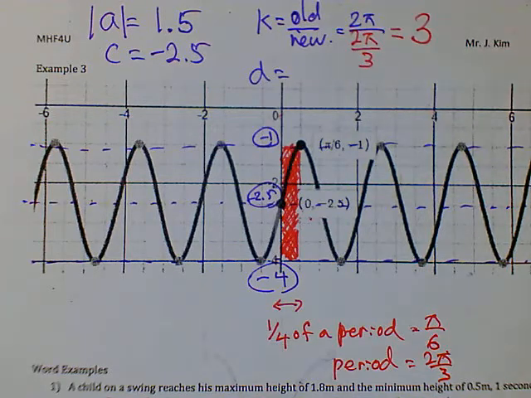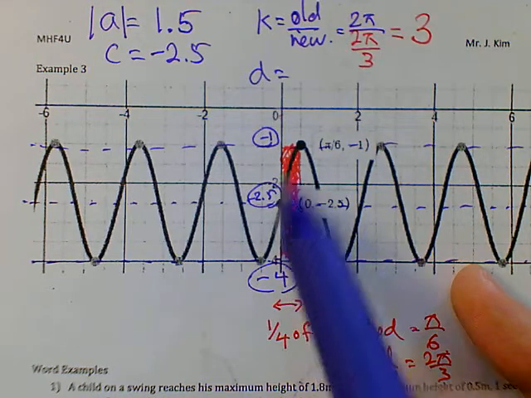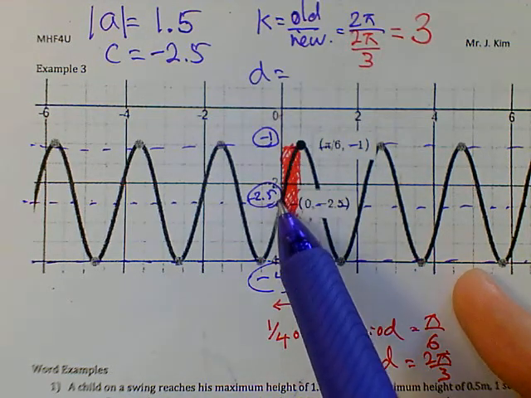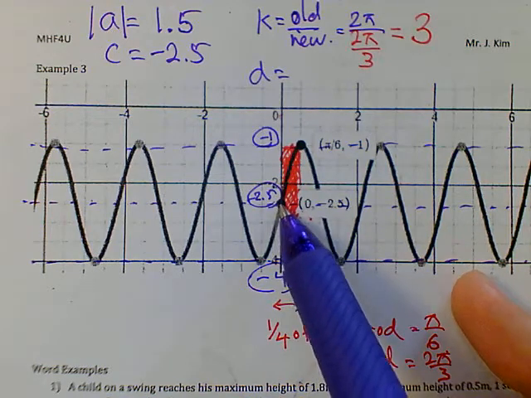Anyone have a burning desire to start in a particular location? Yes, Yusuf? I have a feeling your burning desire is to make it as easy as possible. Okay. Then I would say, why not start here, because it's already on the y-axis. The x value is already a 0, so I don't have to move anything.